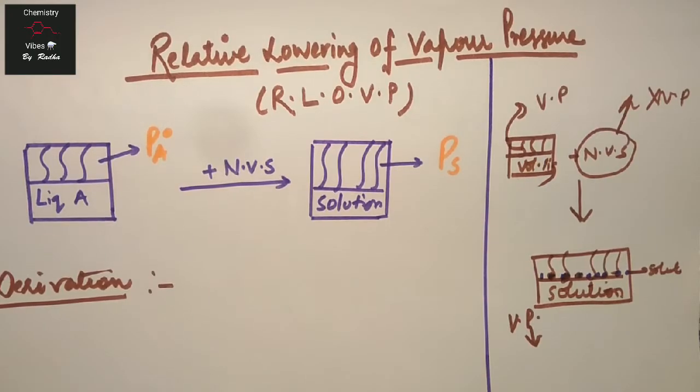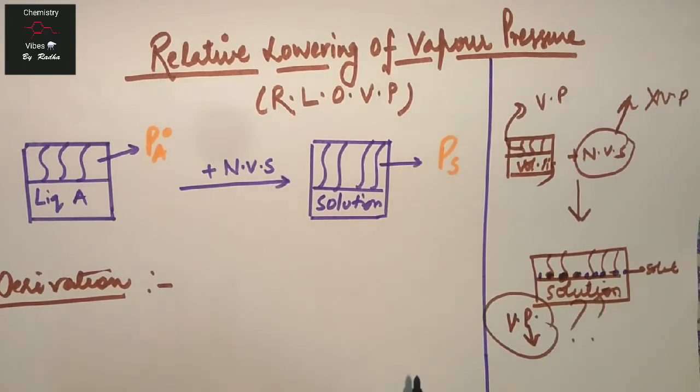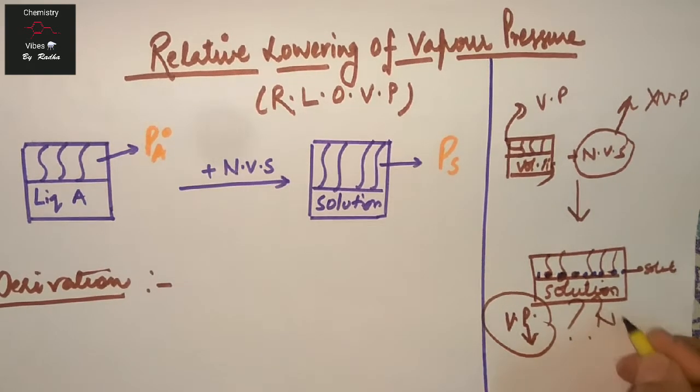So now to sum up, the question which can be asked is, please write down the question and I'll tell you the answer also. The question which could be asked is, why does the vapor pressure of the solution decrease when you add an NVS to it?